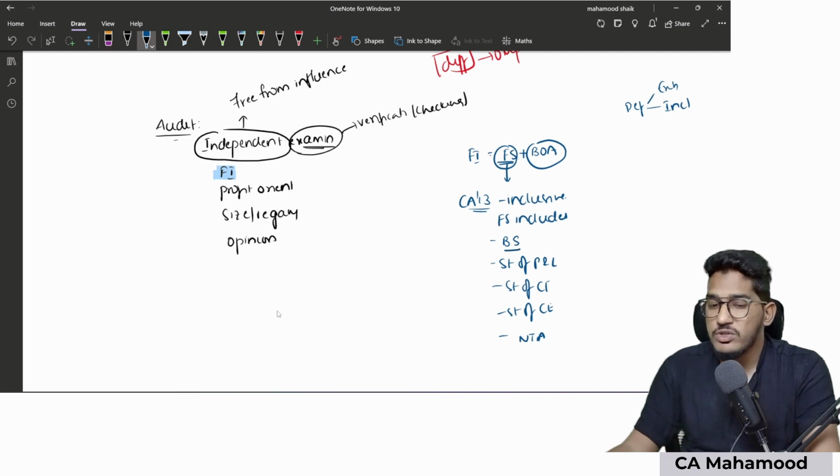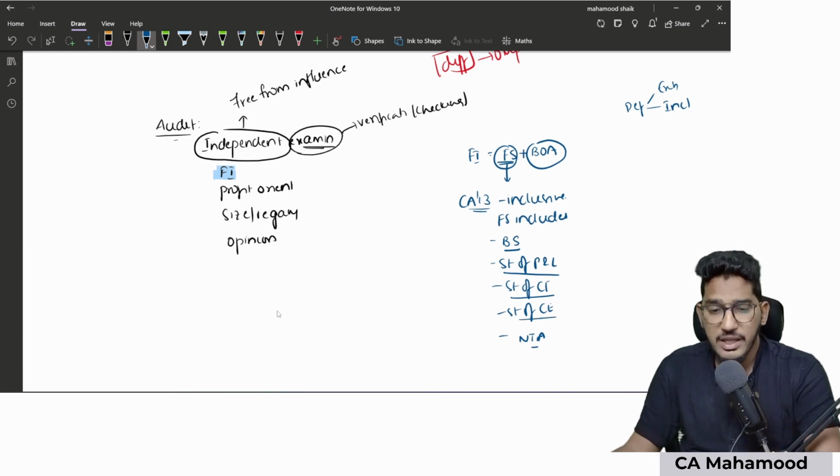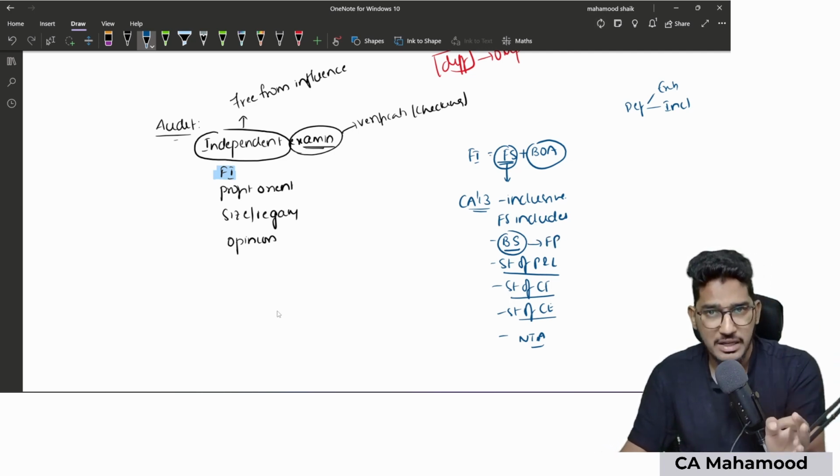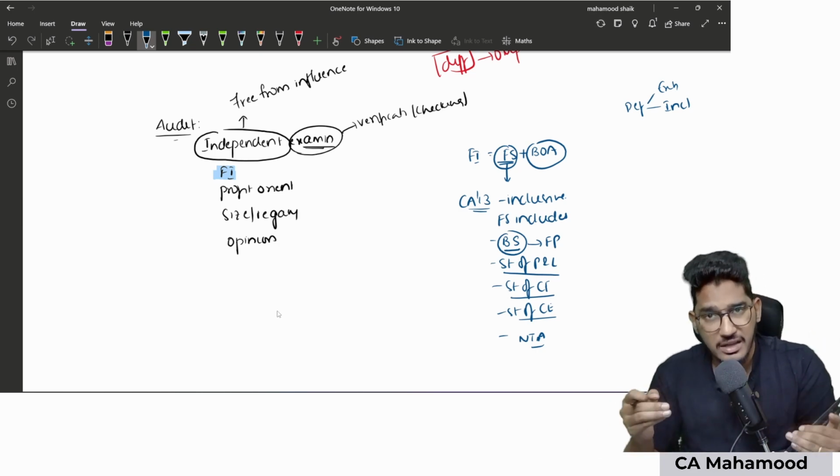What are they? It includes a balance sheet. It includes a statement of P&L. It includes a statement of cash flow. It includes a statement of changes in equity. It includes notes to accounts. Now, what information will be shown by balance sheet? As we all know, it shows the financial position of the company as on a particular date, and that date will be the balance sheet date, which is generally 31st of March in our country.